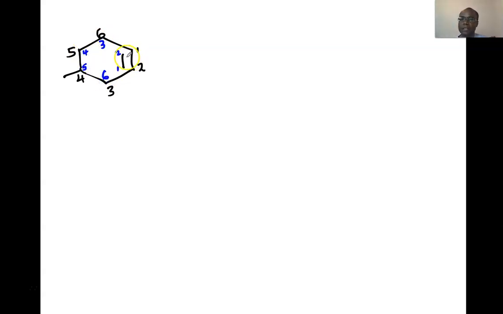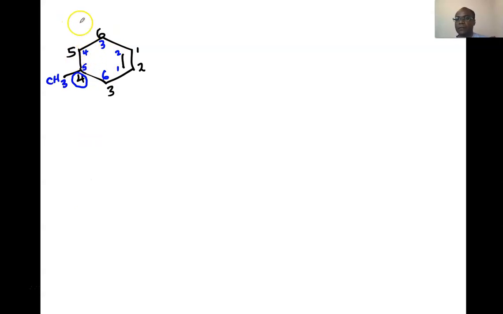Your priority is the double bond position. If it's not helping in numbering, then consider the substituent. If the substituent is not helping, consider the alphabet rule. Now, if you look at the numbering, the double bond has 1, 2, 1, 2, so it's the same, so that's not helping. So we look at the substituent. It seems like the methyl will get a 4 versus the 5, so the black numbering is correct.